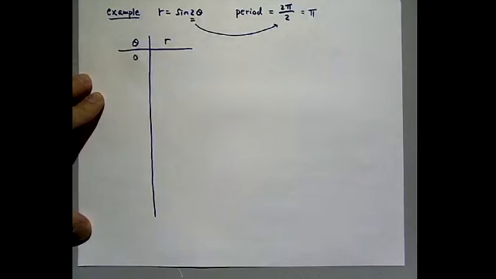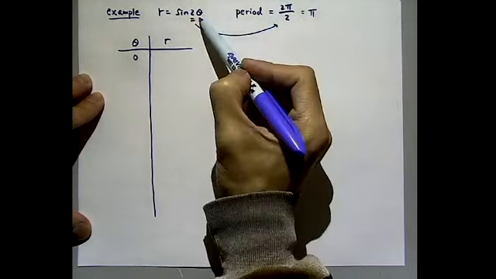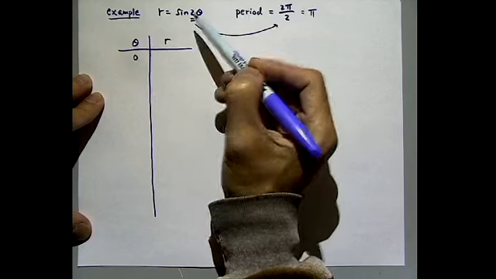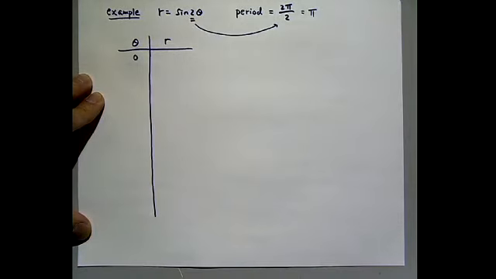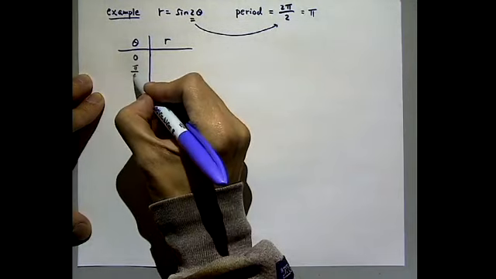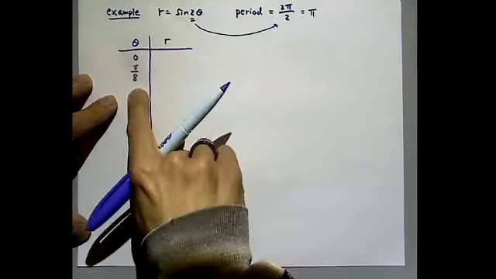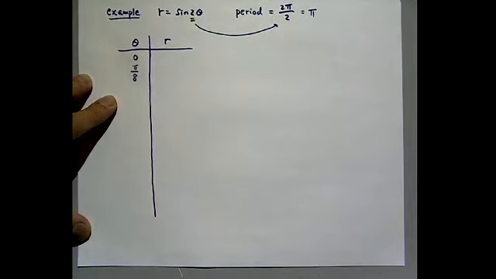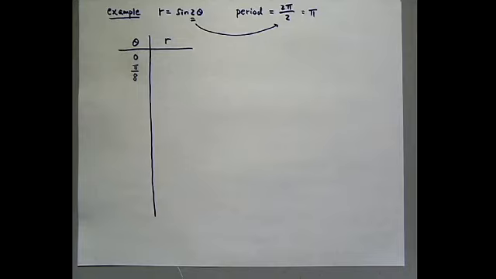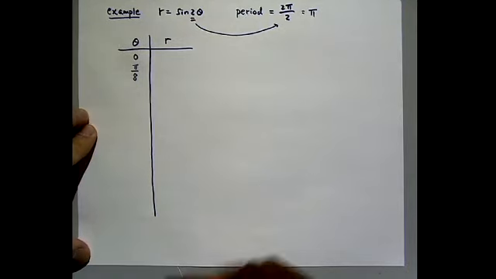Next one, last time we chose pi over 4 because I know the value of cosine at pi over 4. Now, we're multiplying whatever theta I choose by 2. So when I choose theta, I should think of familiar values and divide by 2. So instead of pi over 4, I'm going to choose pi over 8 because 2 pi over 8 is pi over 4, and I can deal with sine of pi over 4. Just like last time, we went in intervals of pi over 4, let's go in intervals of pi over 8.